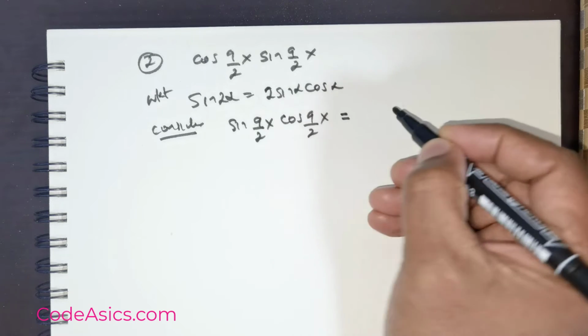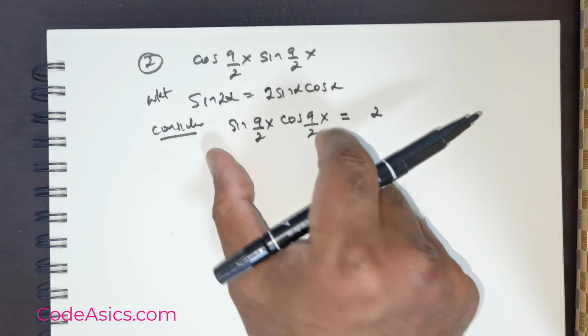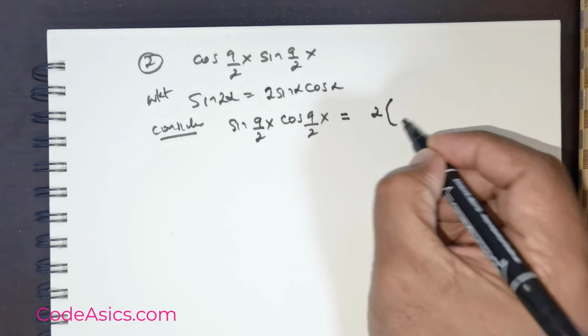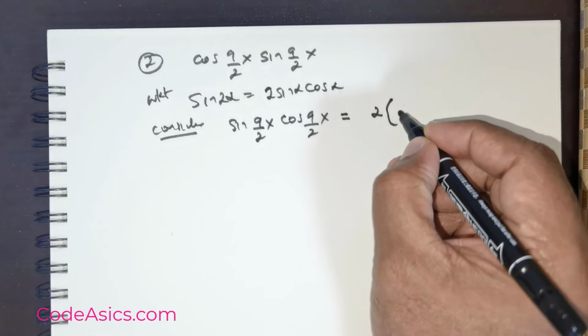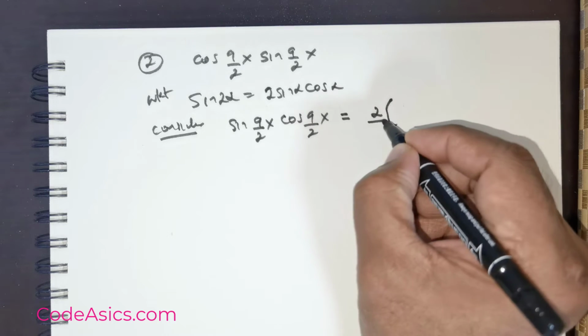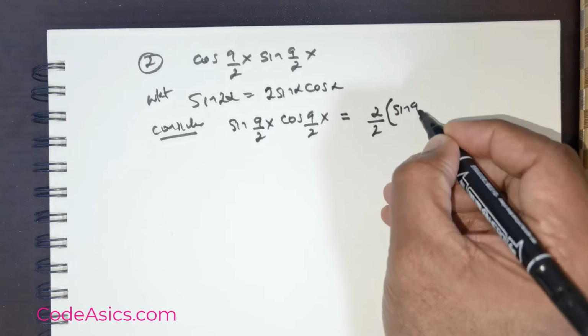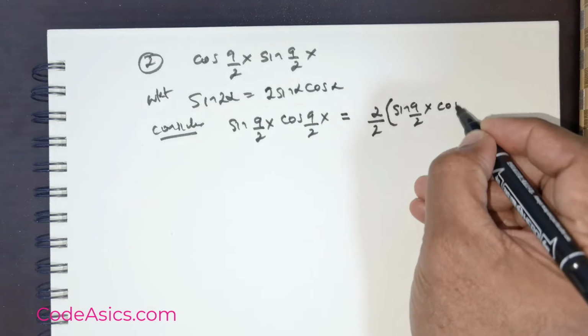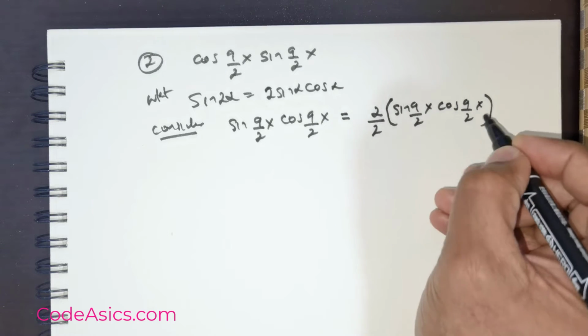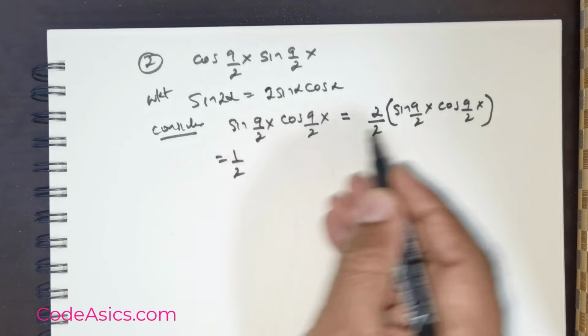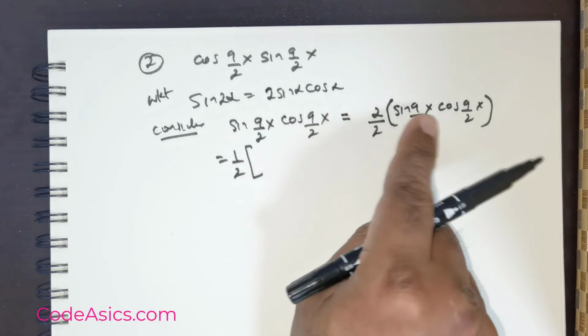I would multiply this by 2 and divide by 2. So 2 over 2 times sine 9 over 2 times x cos 9 over 2 times x, and then I'm going to rewrite this as 1 over 2 and move this 2 inside.